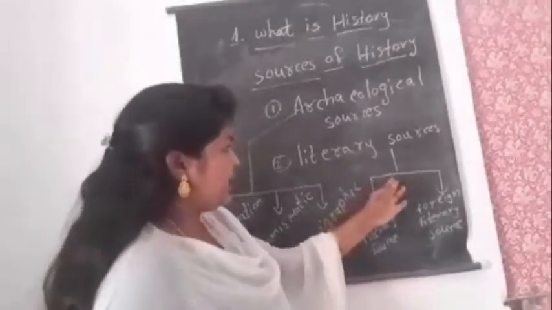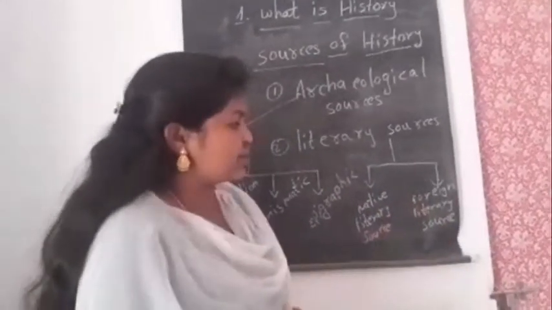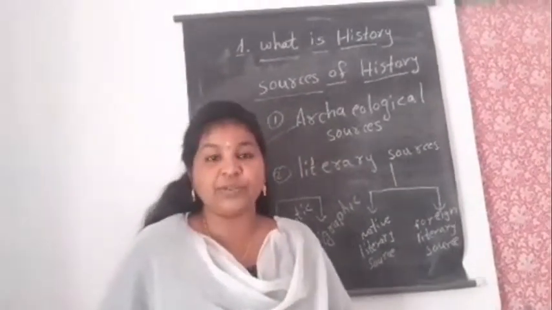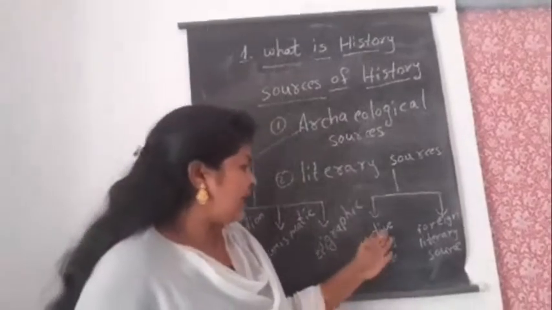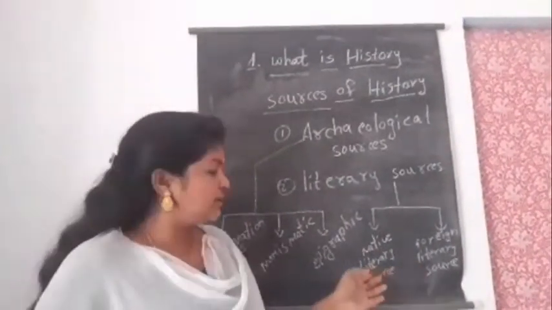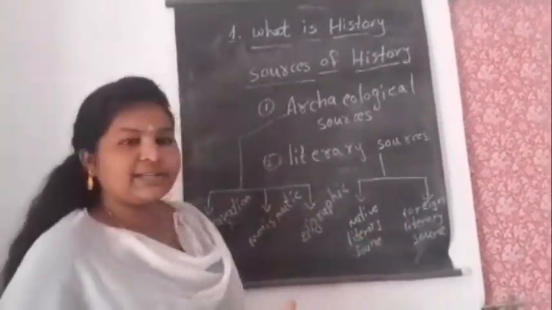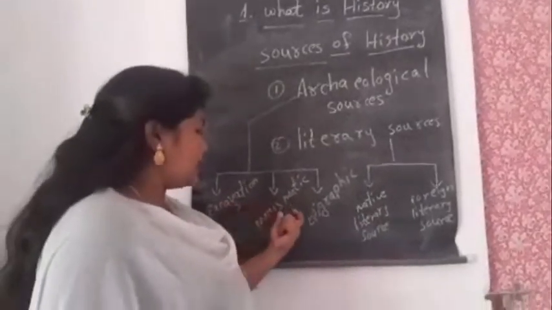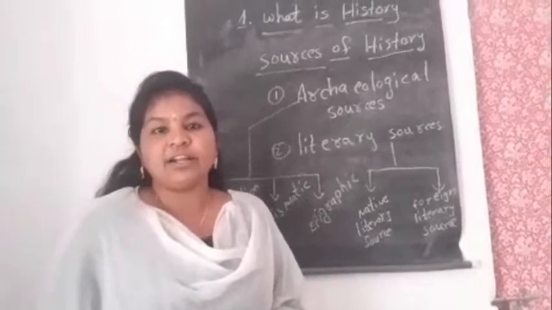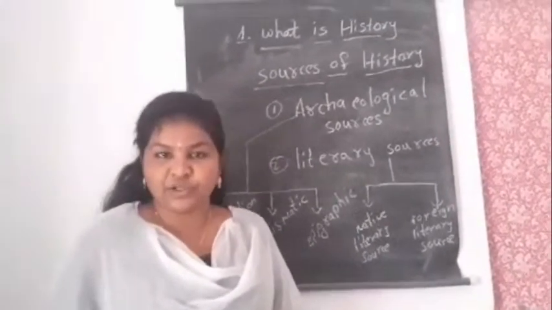Literary sources, two types: native literary sources and foreign literary sources. Foreign literary sources are Al-Biruni and Ziauddin Barani. Native literary sources are Buddha and Jaina literatures. Okay, I will show some pictures of excavation, numismatic, epigraphic, and our father of history, Herodotus.